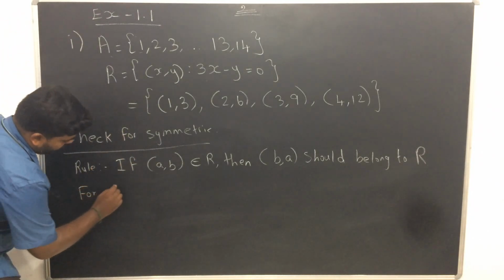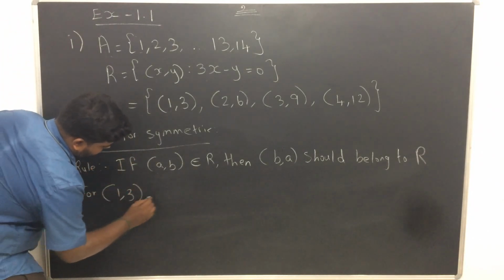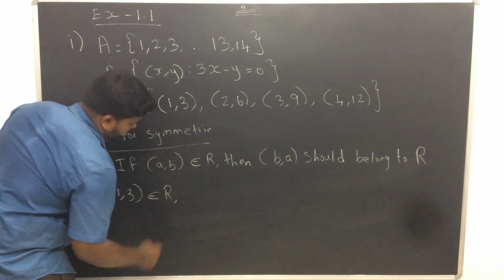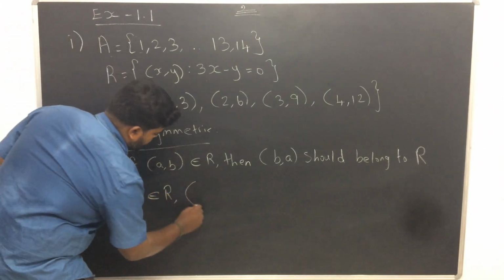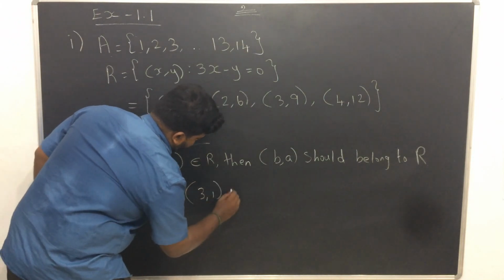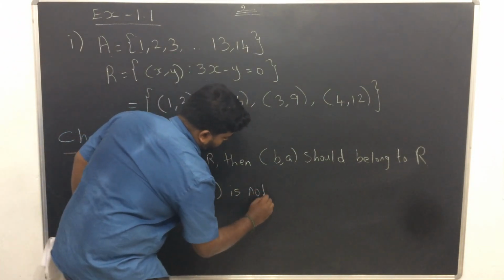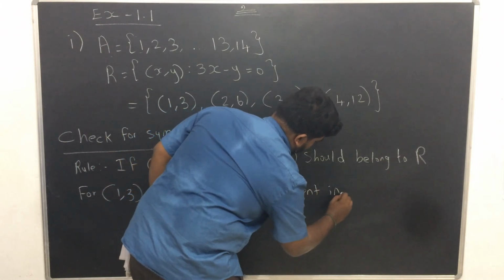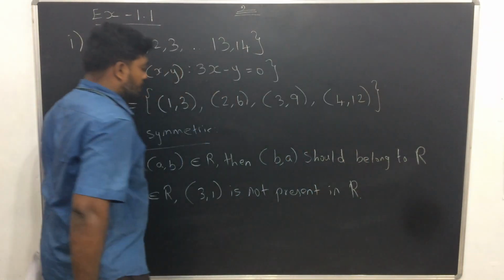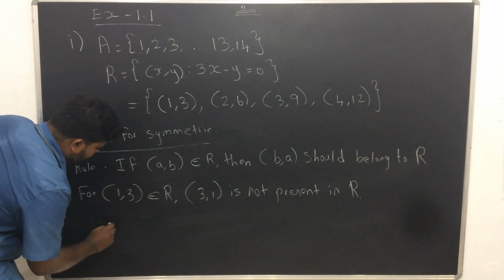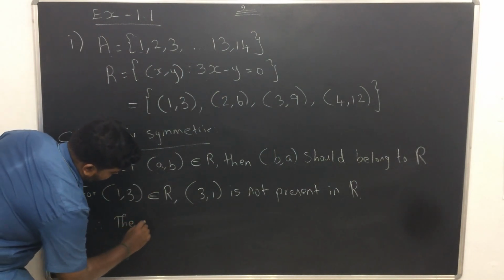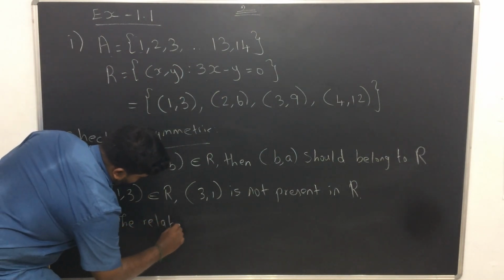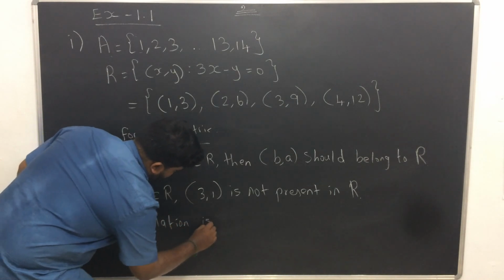For 1, 3 belonging to R, 3, 1 is not present in R. So thus we can conclude that the relation is not symmetric.